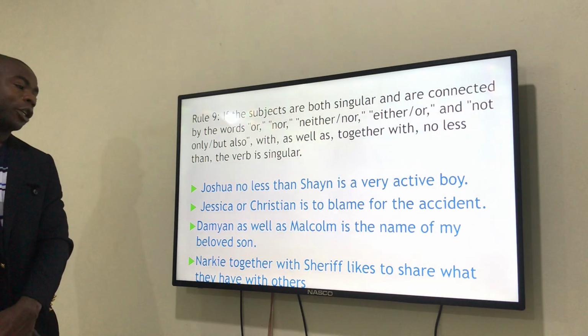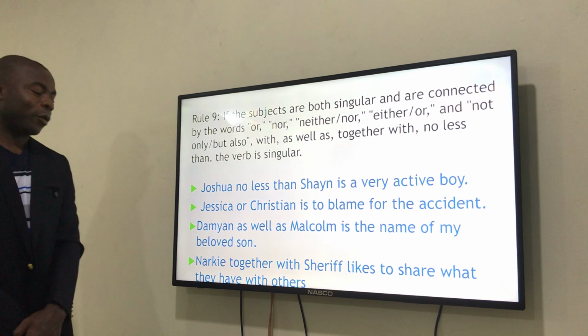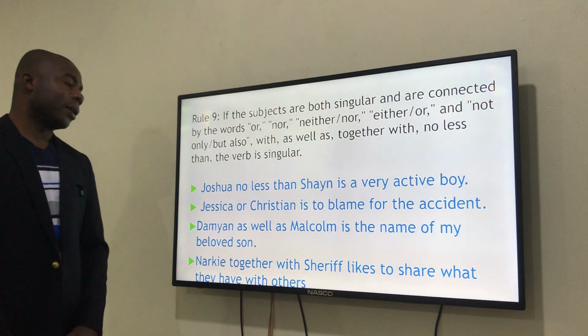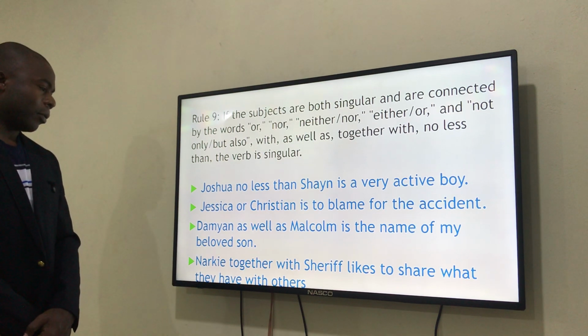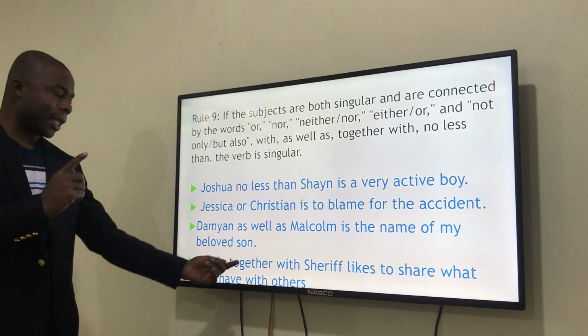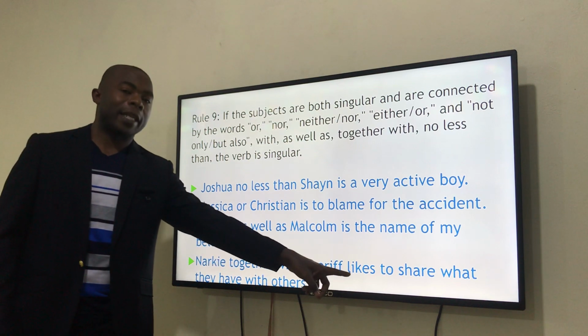Naki together with Sharif likes to share what they have with others. So you can see Naki, singular. The connector is together with Sharif. Then we have the verb likes.